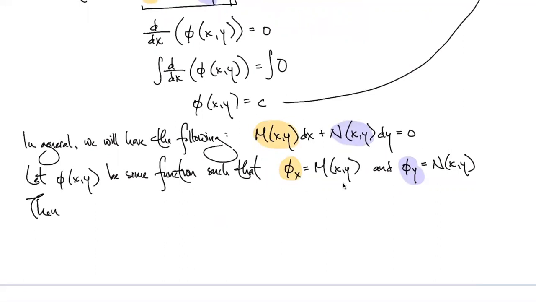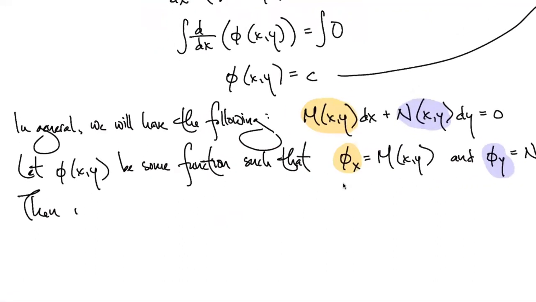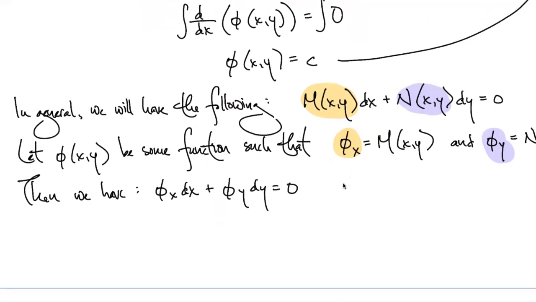So then we have phi sub x dx plus phi sub y dy equals 0. And from here, we'll be able to pack it back up into the product rule, okay?